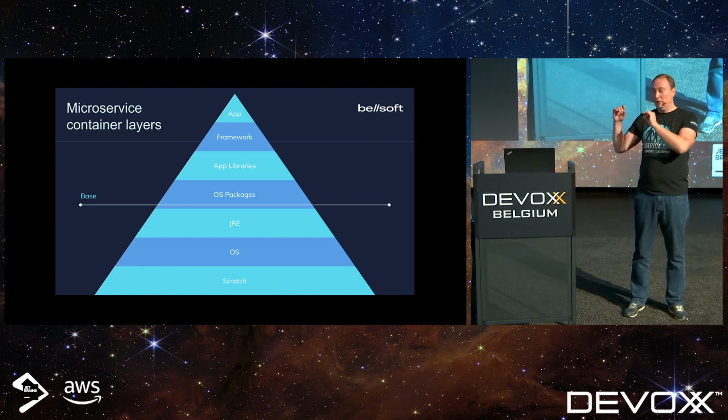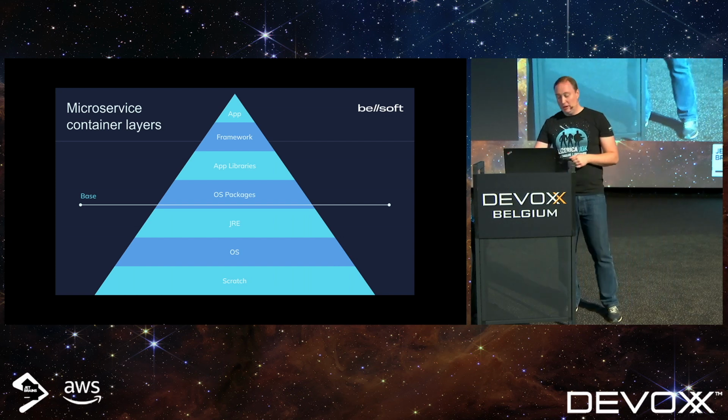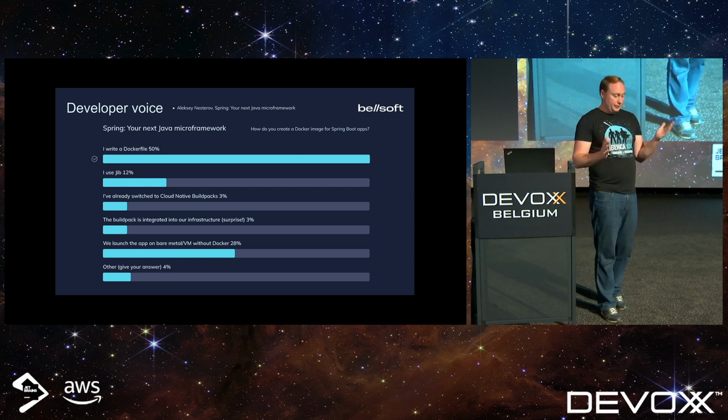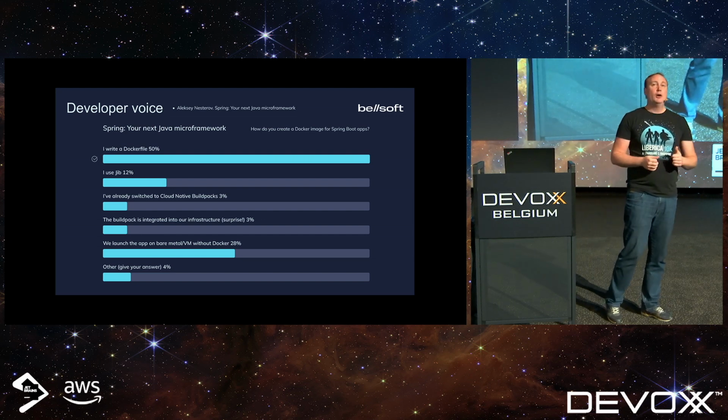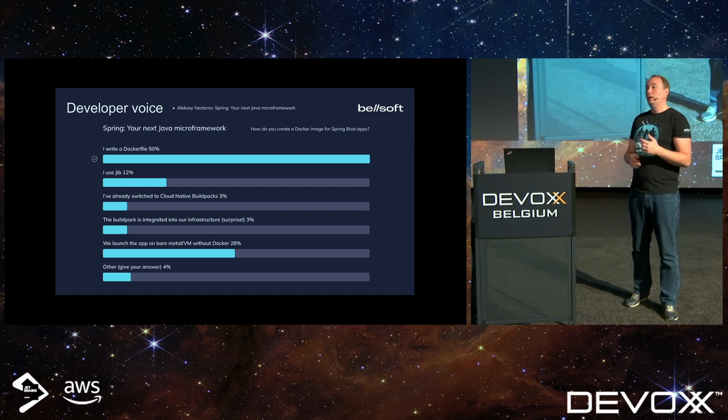We'll get the top layers split and also the bottom ones, the JDK and operating system. And it depends on how we build our containers, how we build our images.